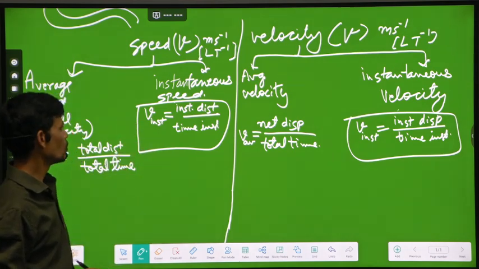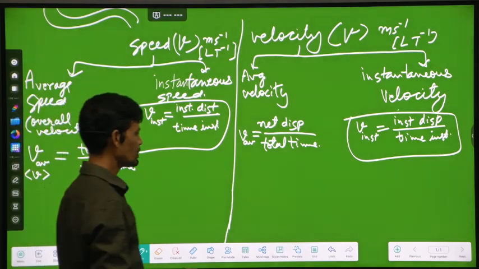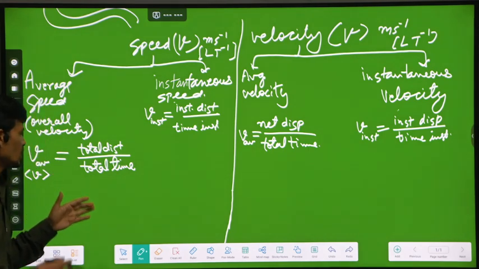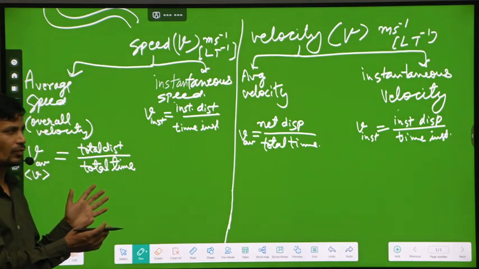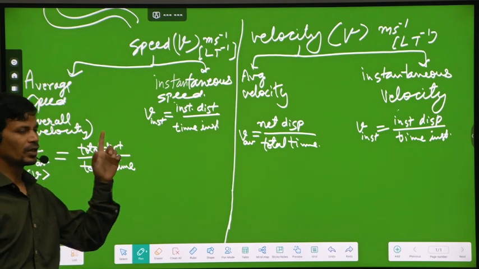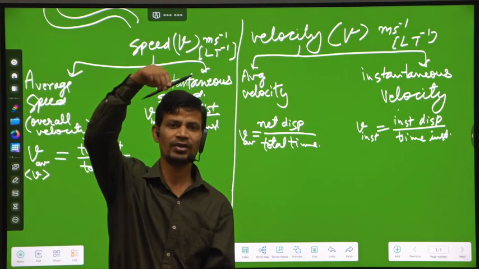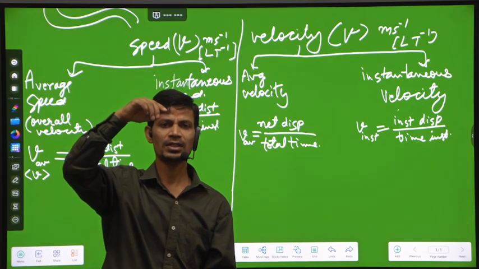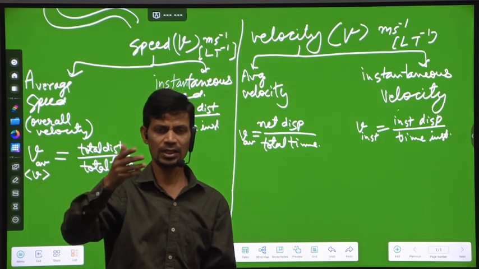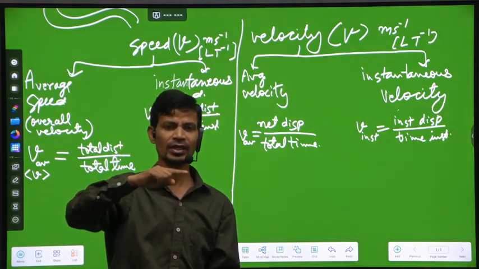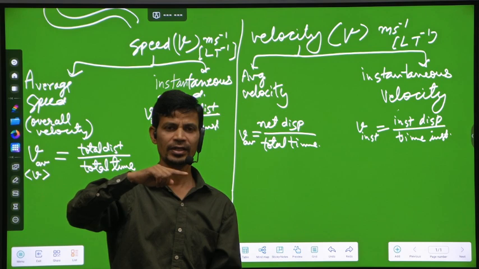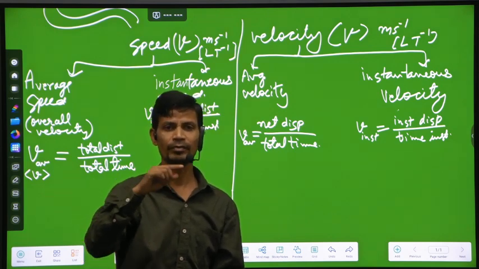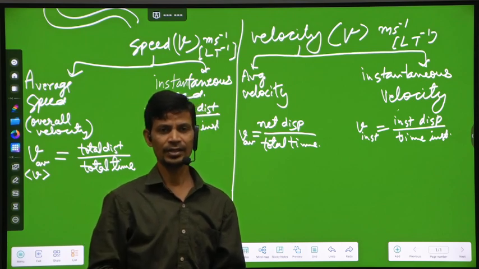Here, as I told you, we used to take a bigger portion of the motion. But for a particular moment, if I have dropped this styler and I want its speed or velocity at a particular moment, somewhere here, how am I going to measure that speed?